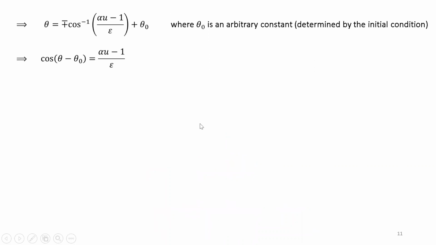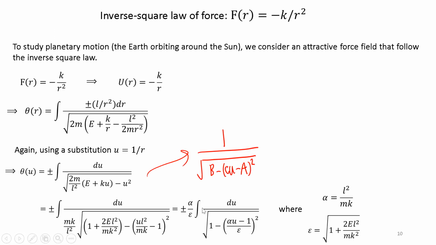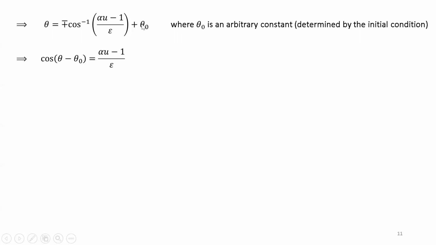So integrating this actually gives this arc cosine function. Because we are doing an indefinite integral, I will have to add some arbitrary constant, which let me just call theta naught.